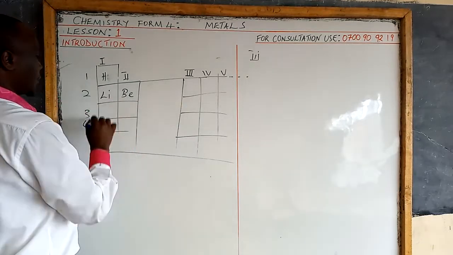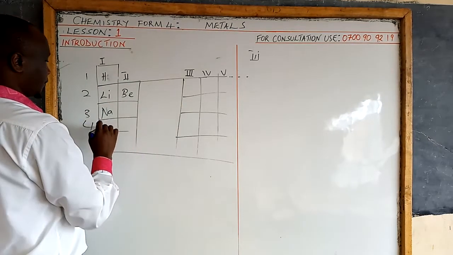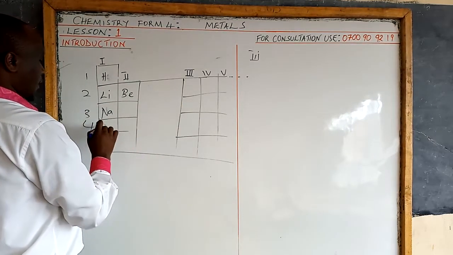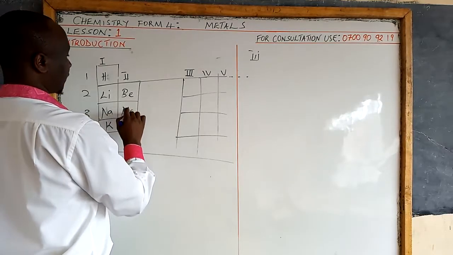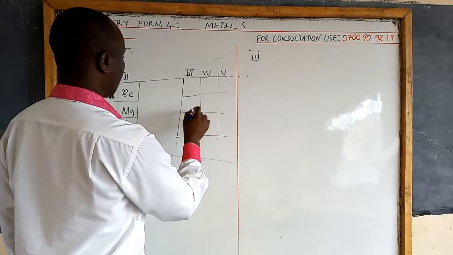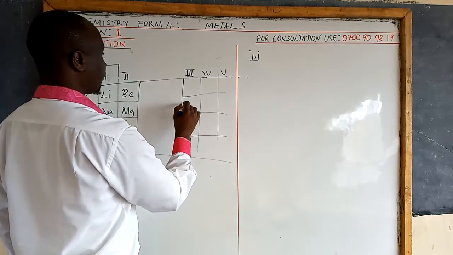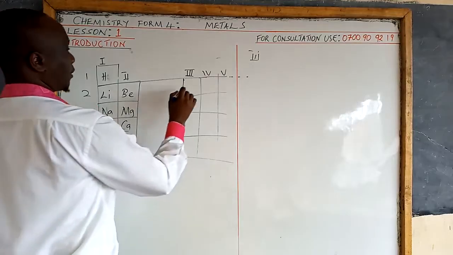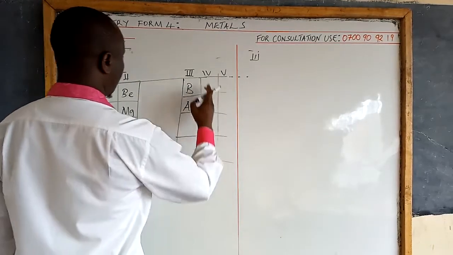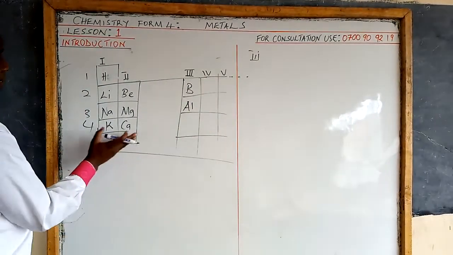Then going down, we'll have sodium. Then we'll have potassium, calcium, magnesium. And then in group 3, we'll have here aluminium. Then boron. So I'll be interested with this first part.